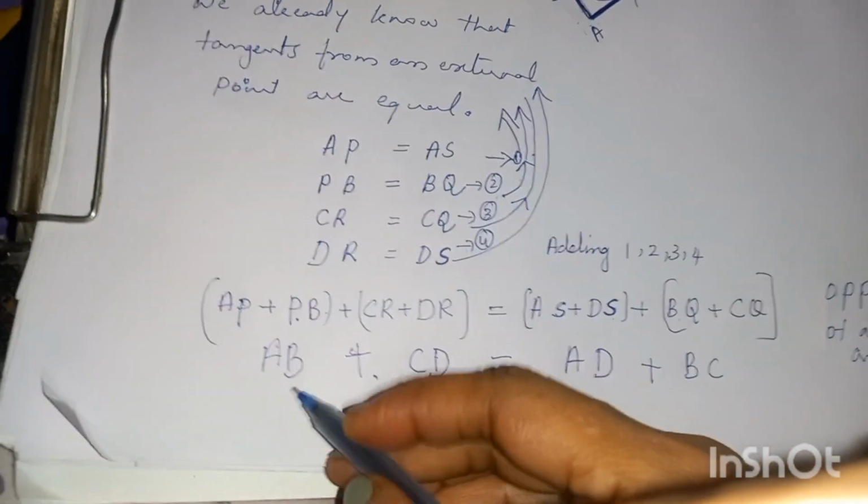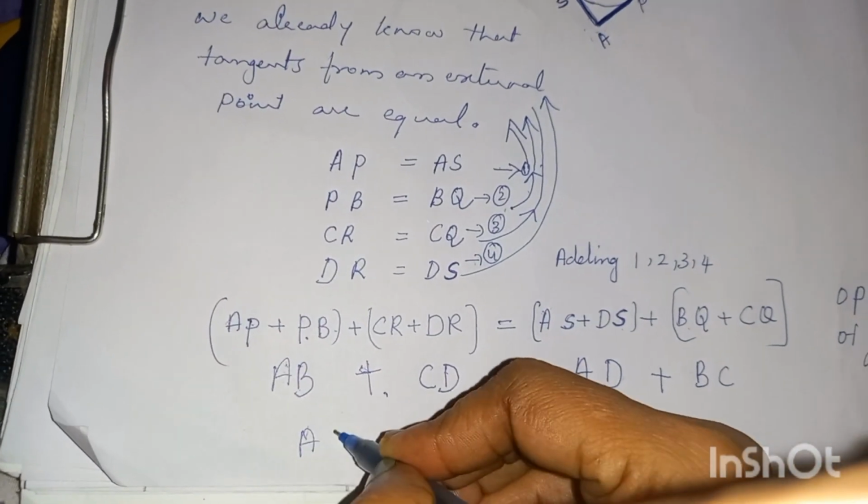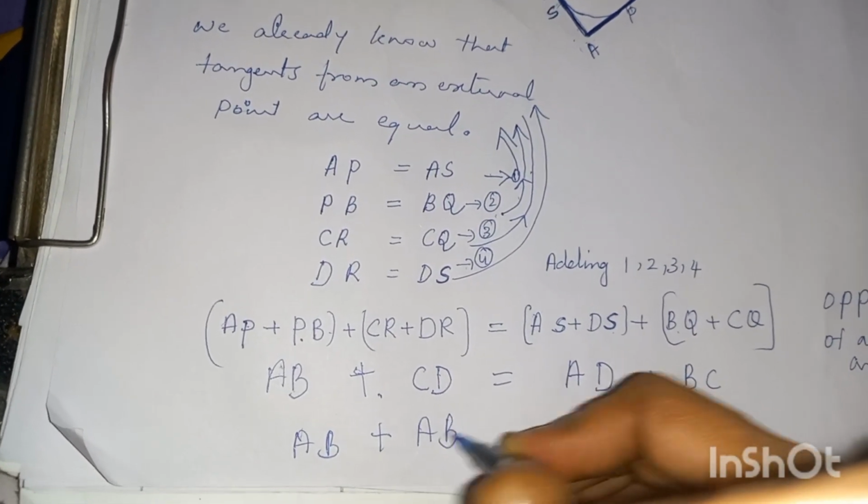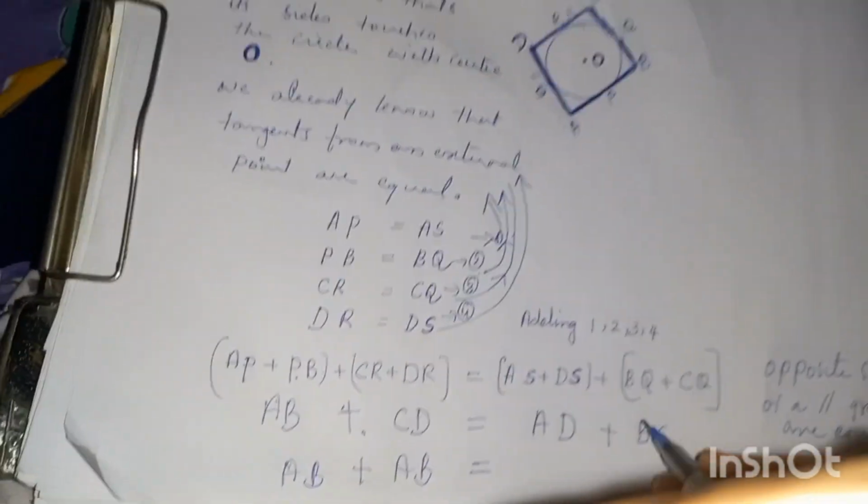So we can write AB plus CD is equal to AD plus BC.